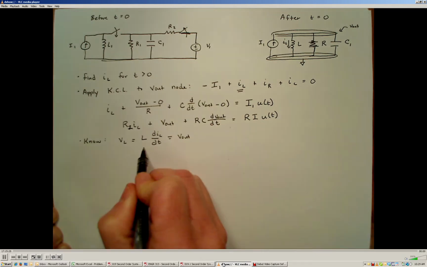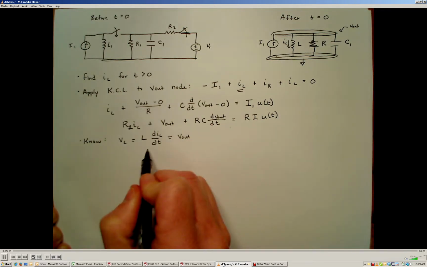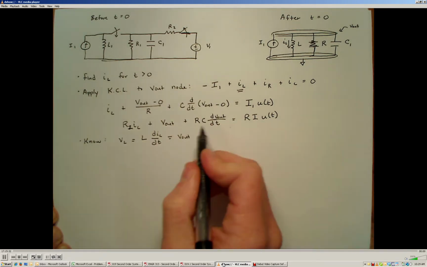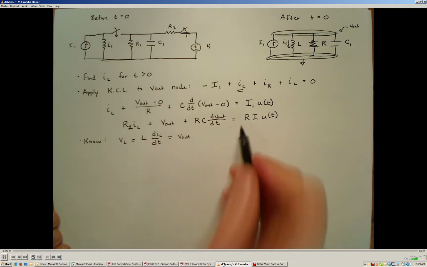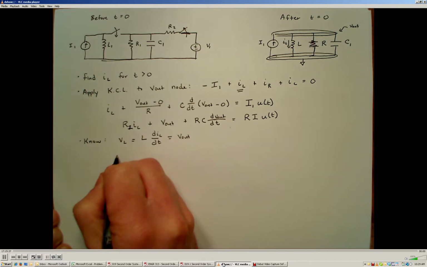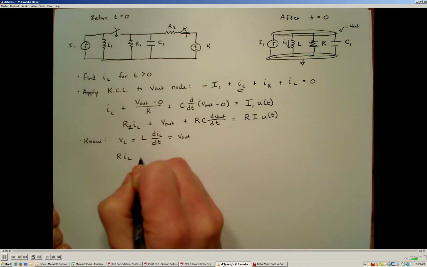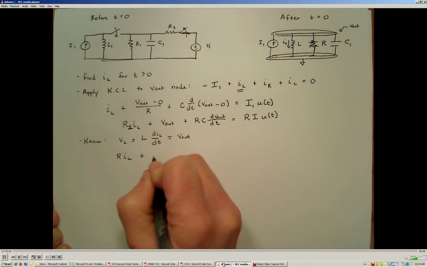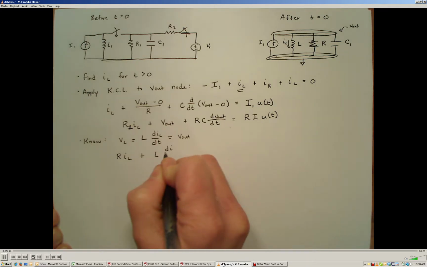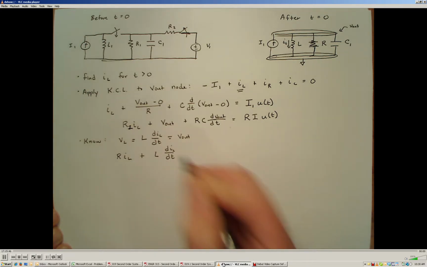So I'm going to take this relationship now and substitute it into this Kirchhoff's current law balance. Doing so will give me the following. R times the current through the inductor is the first term. I'm going to replace V out with the L di dt term.